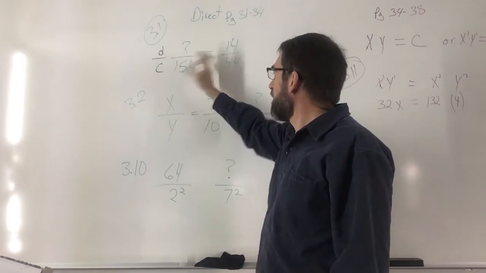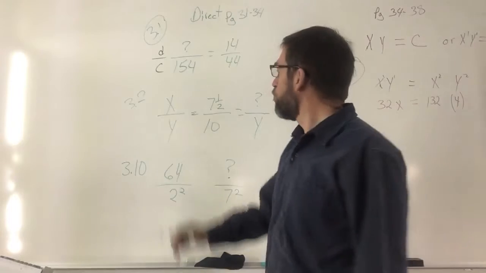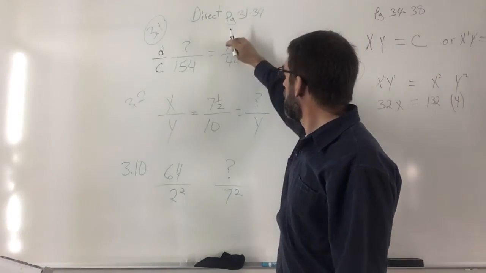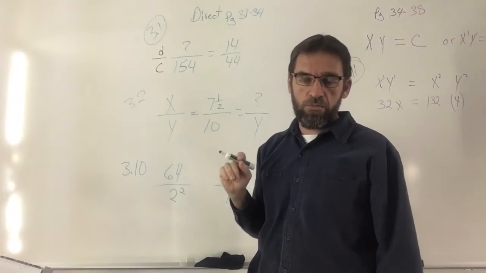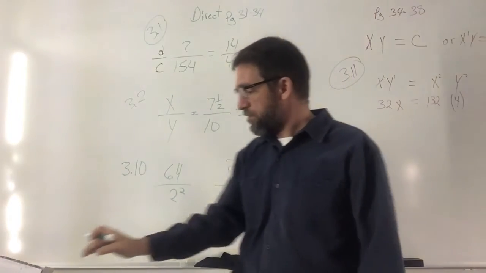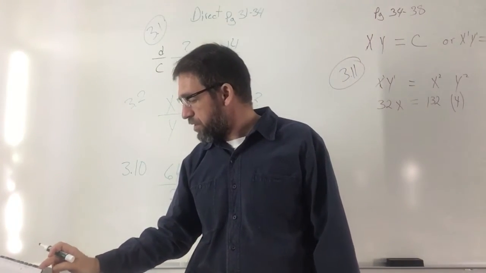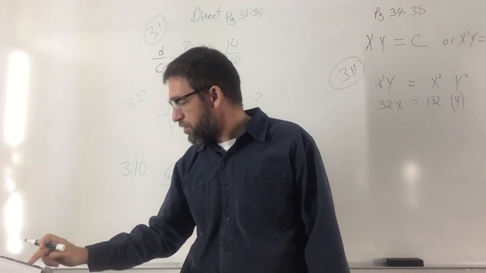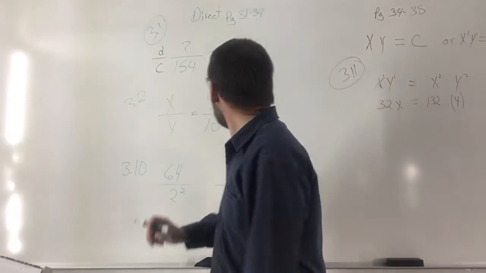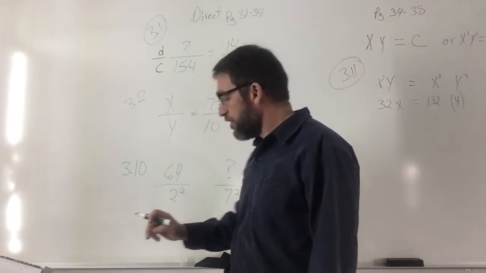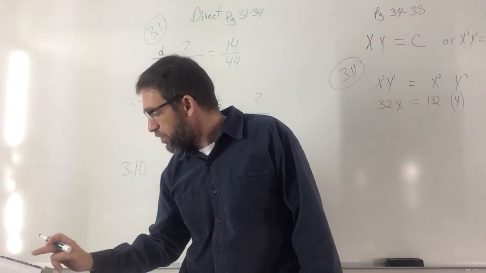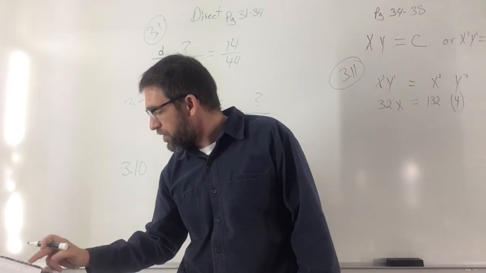So when you have it set up in this way of proportion, you simply multiply 14 times 154 and divide by 44. Get the right one: 154 times 14.